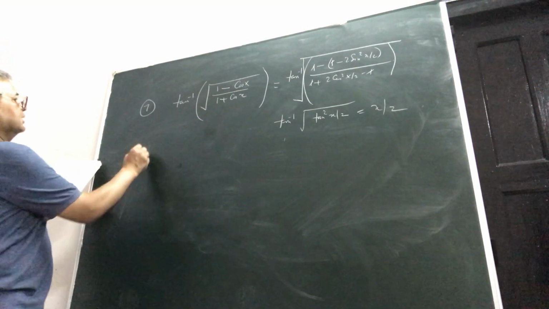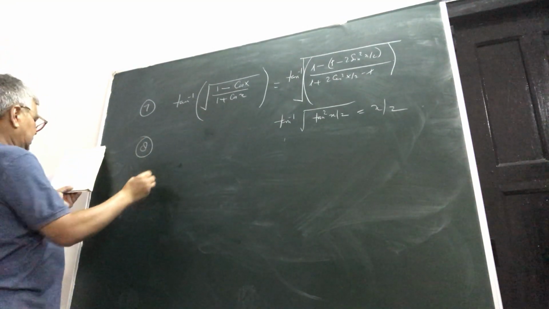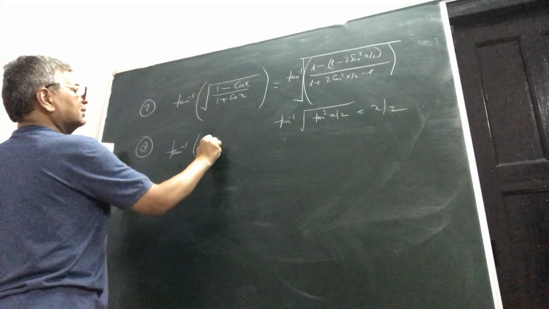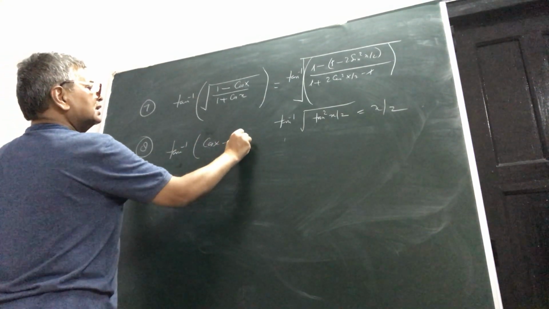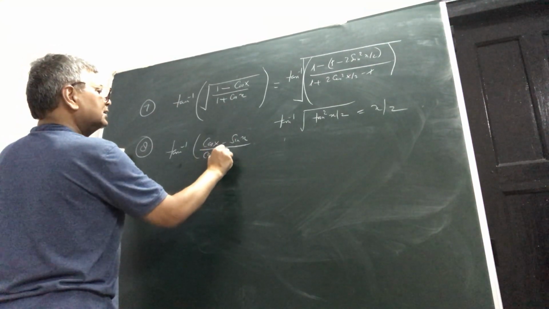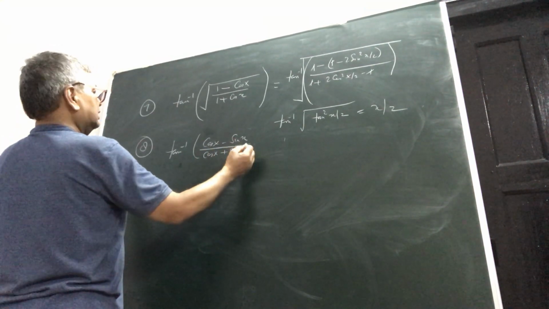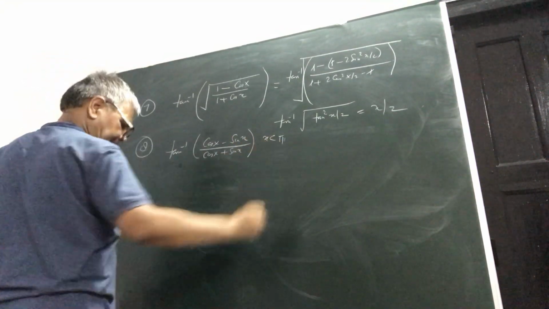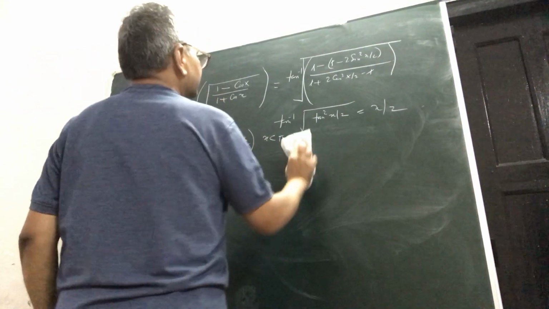Now, 8th question. Tan inverse of cos x minus sin x upon cos x plus sin x, where x is less than pi. This has been given.